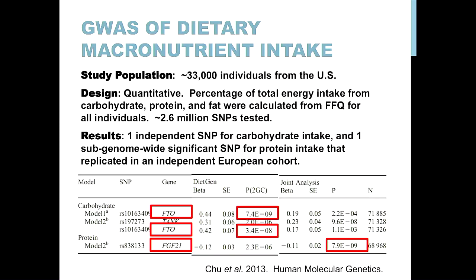So the capacity to validate the findings from this study is really important. Is this really true? FTO I think is pretty well validated, but there were other variants from this paper that were somewhat significant, and whether we could validate that in a separate cohort.